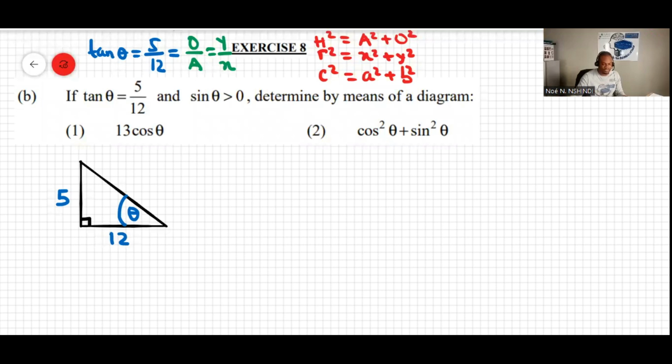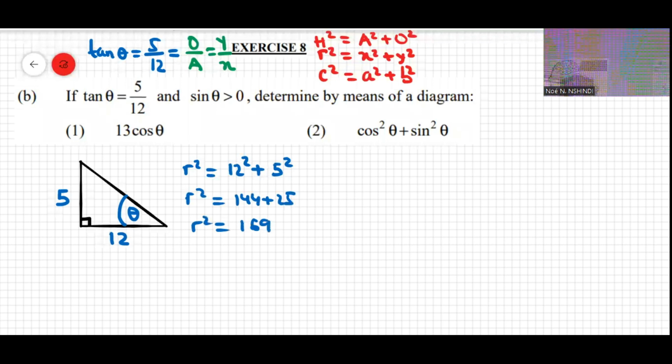So r² will be equal to 12² plus 5², and then r² will be equal to 144 plus 25, and then r² will be equal to 169. If we square root both sides to find the value of r, we get r equal to 13. So this part here is just equal to 13.